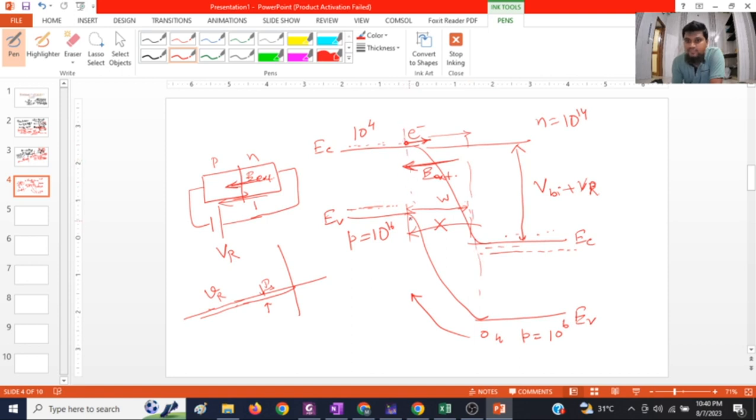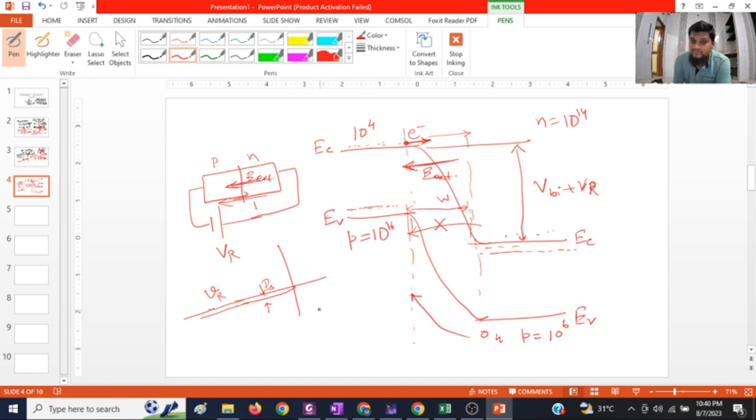Most of the voltage drop is across the junction, and in the bulk P region or bulk N region the voltage drop is almost negligible. So this electron will accelerate and find sufficient energy to knock out another electron.